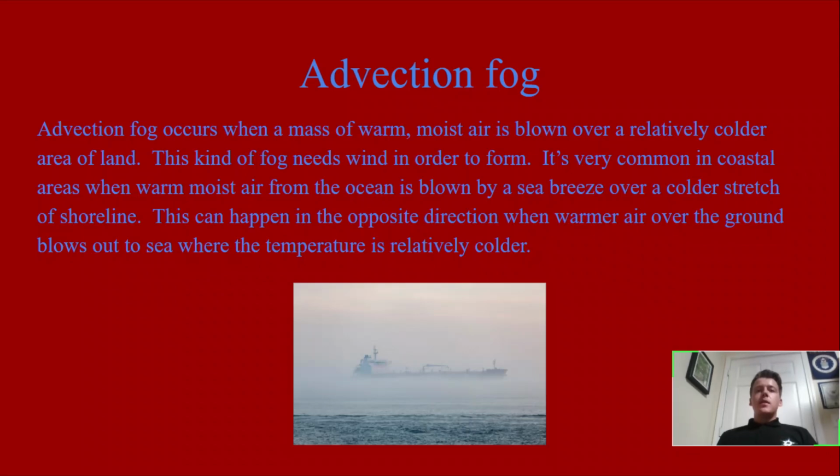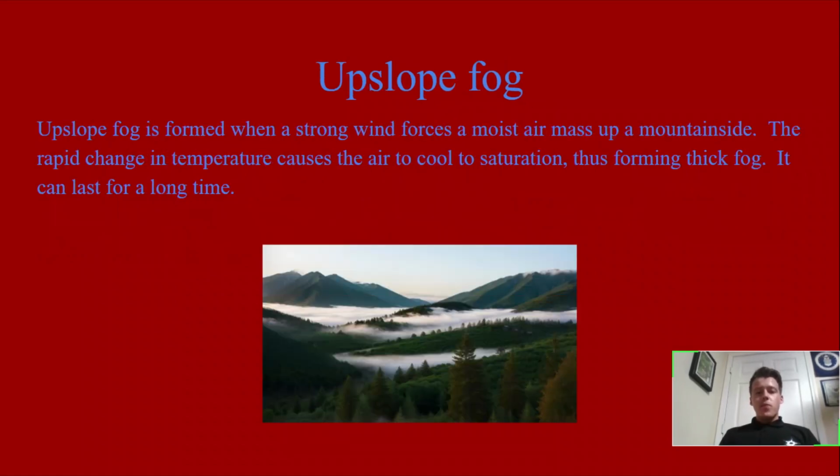And what happens is warm air being blown off land over the colder water, and the warm air is then cooled to saturation and causes thick fog over the ocean, and vice versa. Warm air from the ocean gets blown over colder land, and then that also will cause very thick fog. This one can last a lot longer than radiation fog can. It requires wind to form, but wind can also dissipate it.